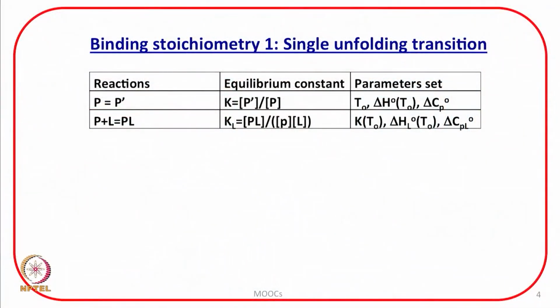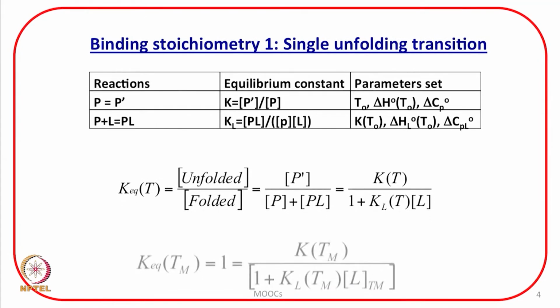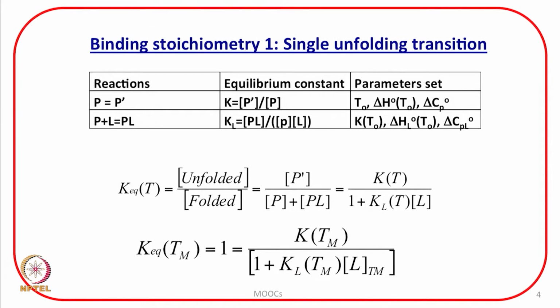Then we started with the binding stoichiometry for a single unfolding transition and introduced these equations along with the expressions for their equilibrium constant and parameters set, and we arrived at these two equations for K equilibrium at a given temperature T and K equilibrium at Tm, which is equal to 1.